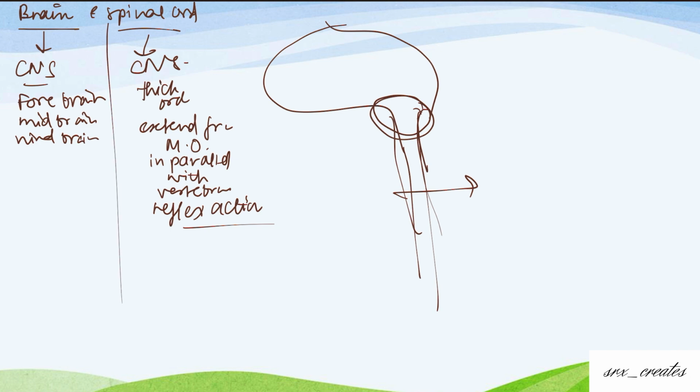Spinal cord complete. Brain, it is located in the cranium. Cranium is also known as brain box, where the brain lies, and is bounded by meninges. Meninges is a covering. Okay. Now brain is the master control.